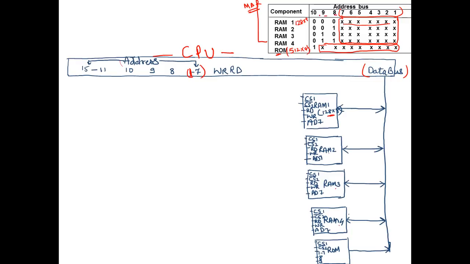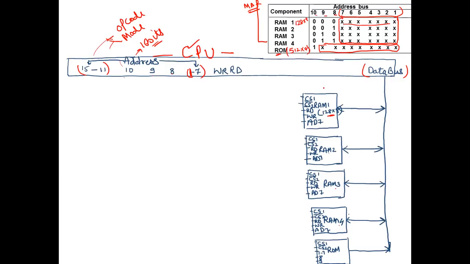Then there are the 8th, 9th and 10th address lines. And 11 to 15 will be used for other purposes, like the opcode as well as determining the mode bit. So here the CPU's address is considered to be 16 bits. All right, let's start understanding in more detail how the RAM and ROM chips will work.